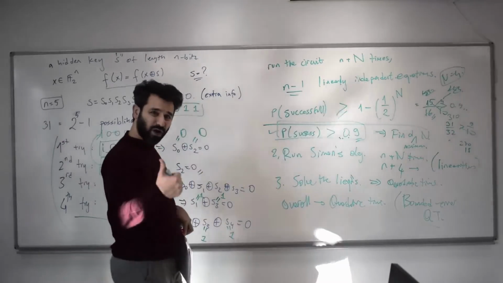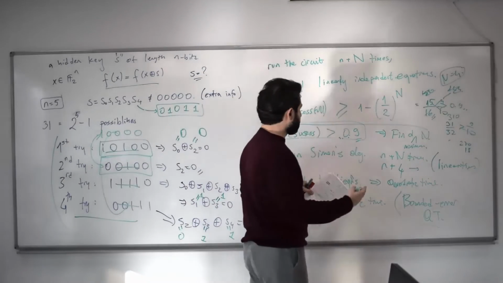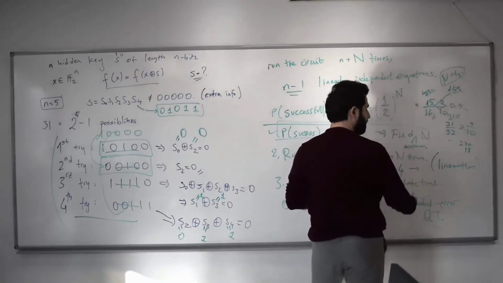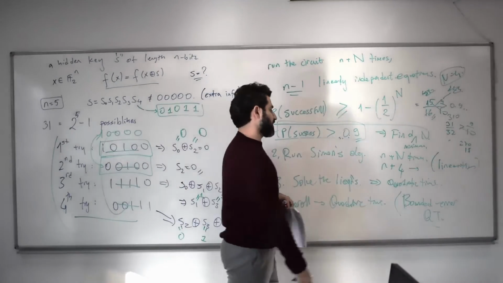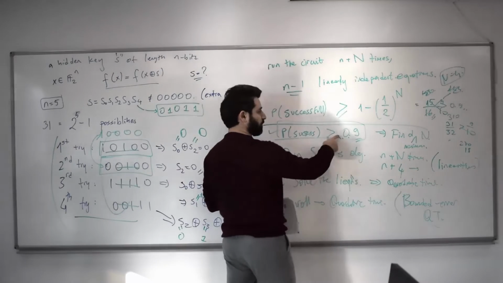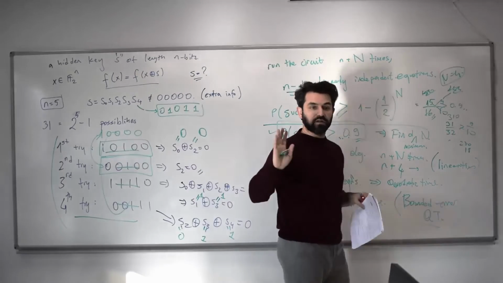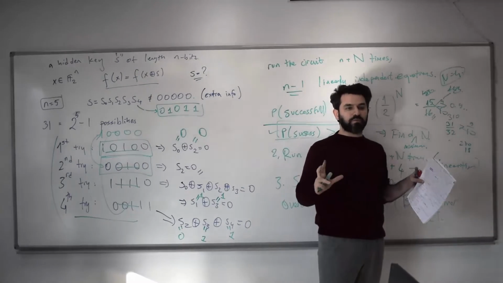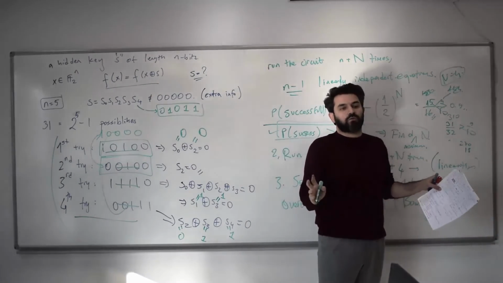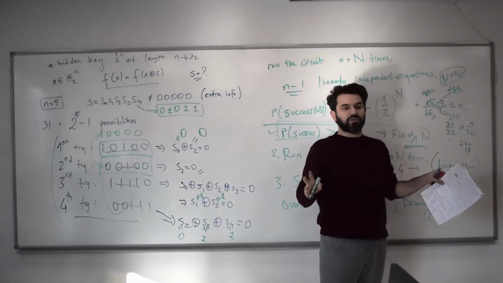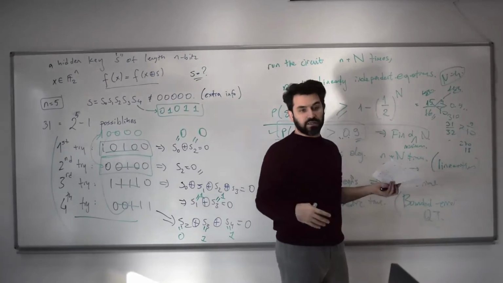One of them is the quantum part, which you have to run n plus some number of times. As n increases, you can bound your success probability better, according to this formula. However, the probability of being unsuccessful is still there. It goes to 0, but it never reaches 0 unless n is infinite.